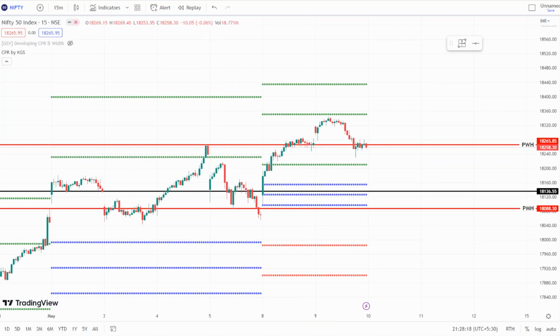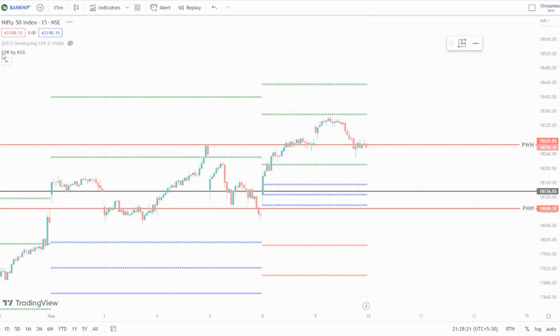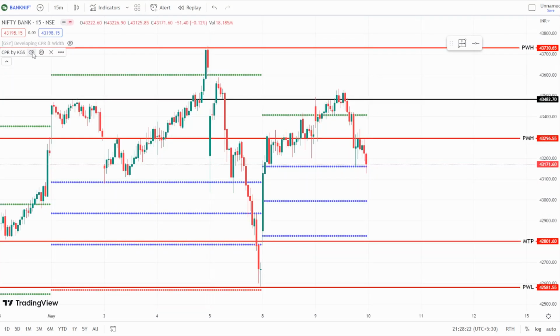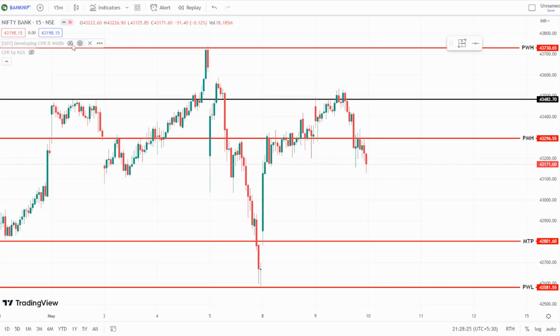Bank Nifty, as we discussed, the levels for tomorrow, as per the CPR logic: if the candles are sustaining above somewhere nearby 43,300, you can look out for opportunities on the call side of Bank Nifty or the long side of Bank Nifty.